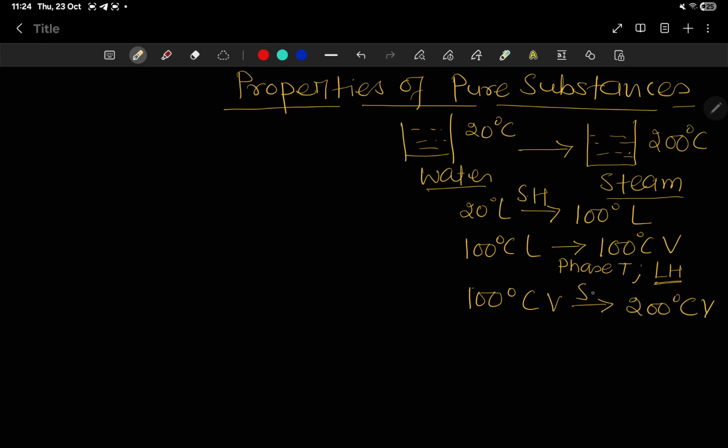So again we have to provide some sensible heat. Sensible heat comes where there is a temperature difference, right? So now let's try to draw all this phenomena on the TS curve.